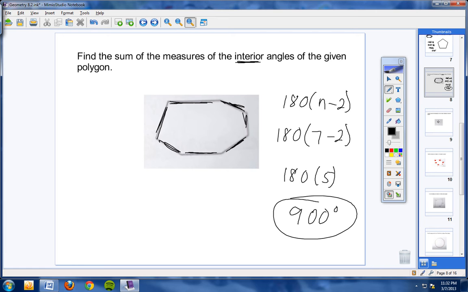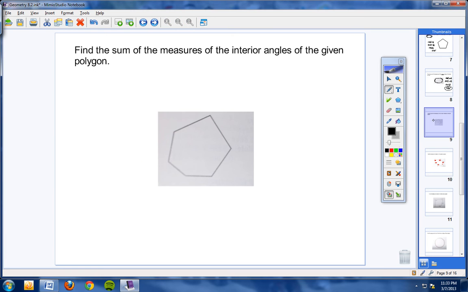All right, I want you to try this one for a bonus point. Do not pause the video, please. I'm going to just sit here and be quiet. So try this for a bonus point. Copy it in your notes, and actually it'll be a half a bonus point. Notice you're finding the sum of the measures of the interior angles.